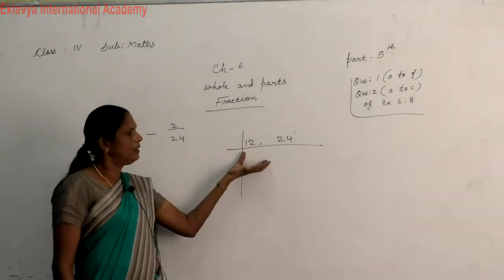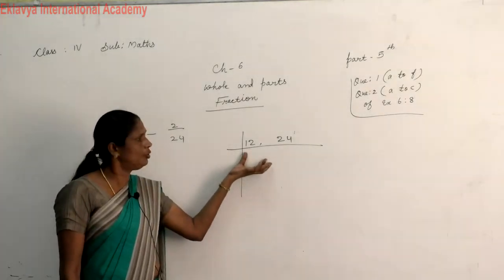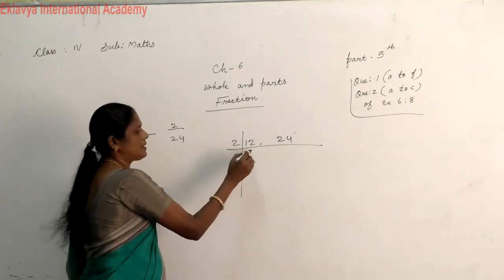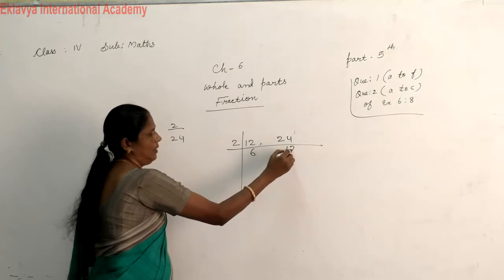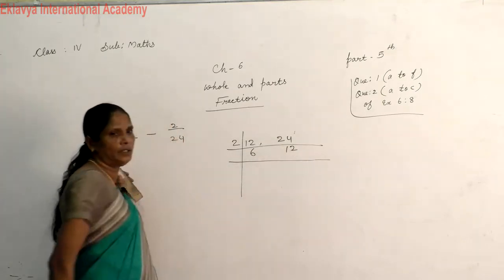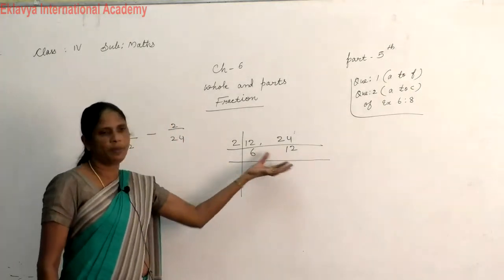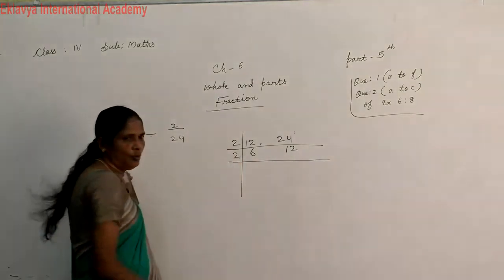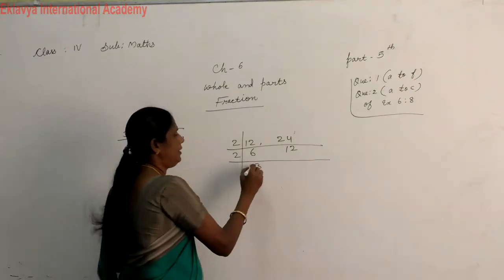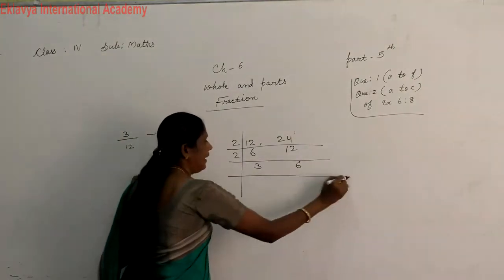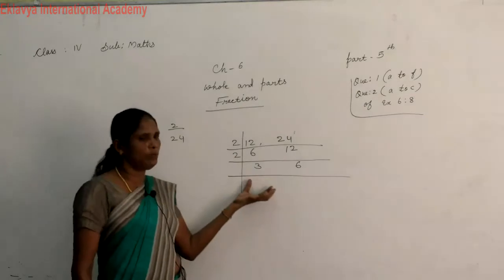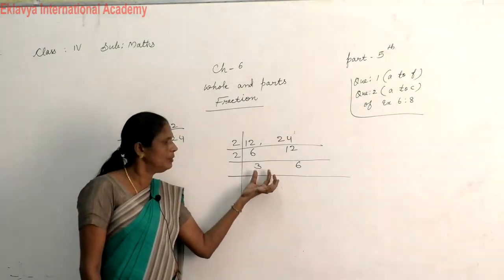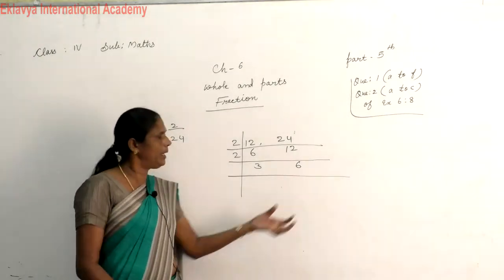Check, is this number divisible by 2? Here also, yes. Here 6, here 12. Again you check, yes. Here again 2 goes in, here 3, here 6. Again, 3 is not divisible by 2, but 6 is divisible by 2.